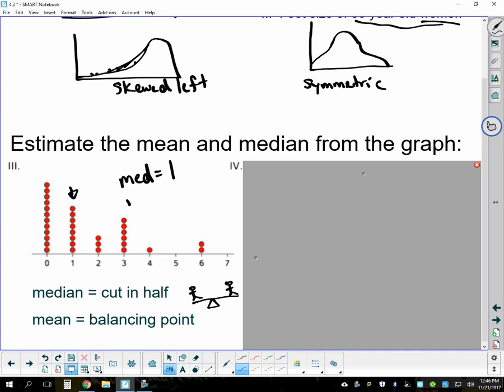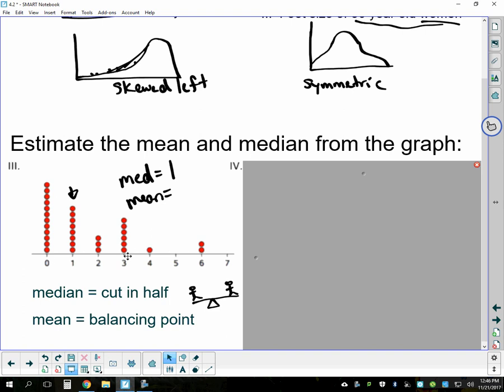In this case, if you needed to balance it, you can even think of this as a teeter-totter. Where would you need to put your finger? If you had this line and you were trying to balance it on your finger, like this was an actual physical thing with maybe blocks like this, where would you put your finger? Certainly you wouldn't put it over here, because this side would be so much heavier, it would go down very quickly. So where would you put it? Right in the middle of all of your 0 to 7?